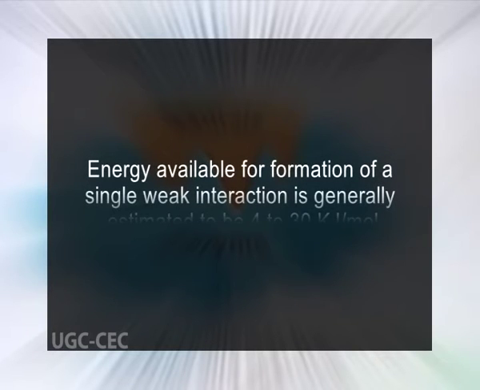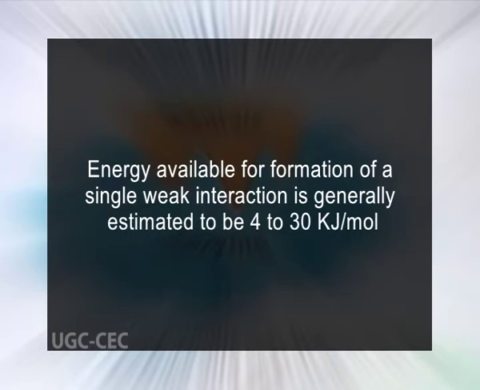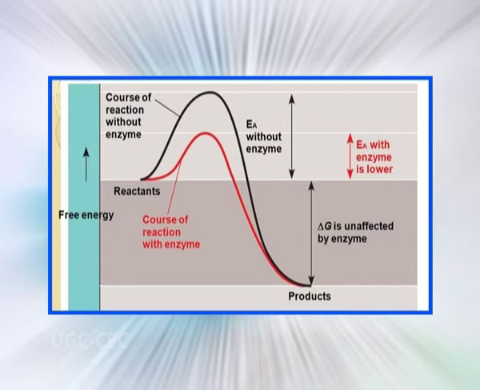The energy available for formation of a single weak interaction is generally estimated to be 4 to 30 kilojoules per mole. The overall energy available from a number of such interactions is therefore sufficient to lower activation energies by the 60 to 100 kilojoules per mole required to explain the large rate enhancement observed for many enzymes.